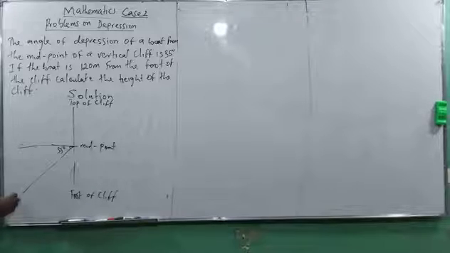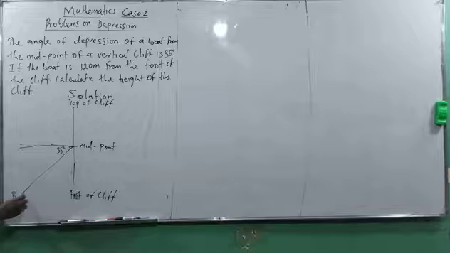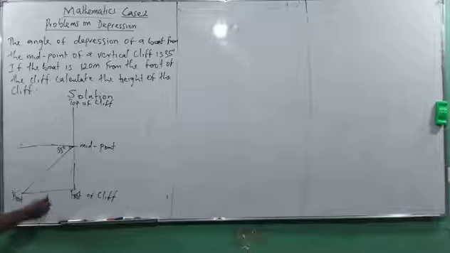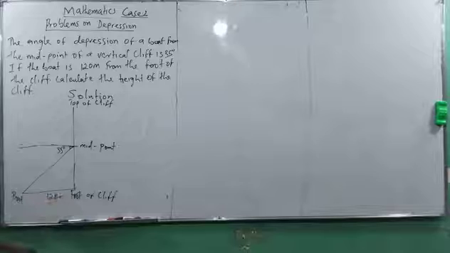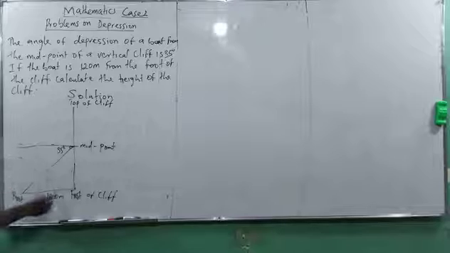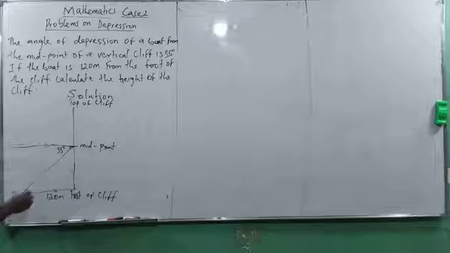And this is going to be the boat. And this is going to be the distance. And here will be 120 meter, and you are to calculate the height of the cliff. Now what you just need to do is that you know that this angle and this angle, this line are corresponding. It means here will also be 35 degrees.